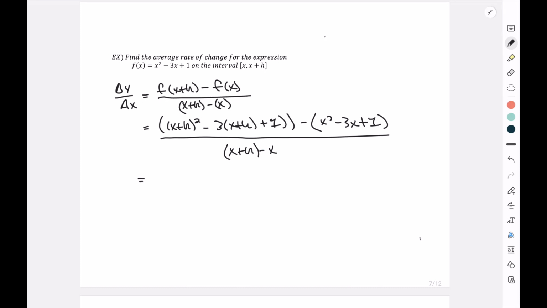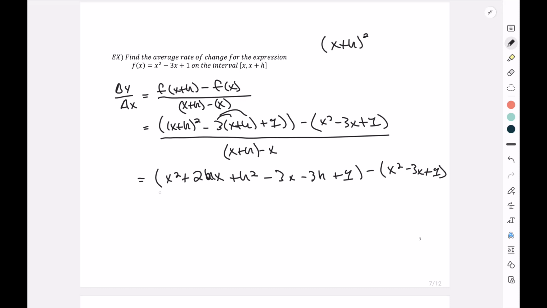If we were to FOIL our x plus h squared, we would get x squared plus 2hx plus h squared. And then if we distribute our negative 3 into the x and the h, we get minus 3x minus 3h plus 1. And then we would keep our second one all over our denominator.